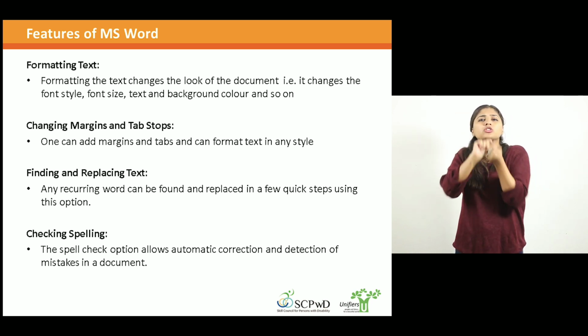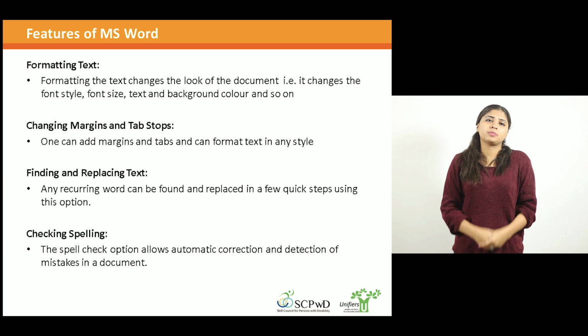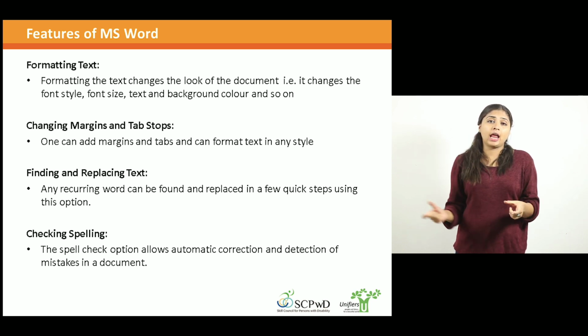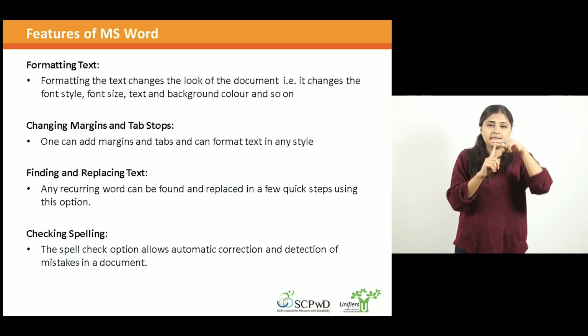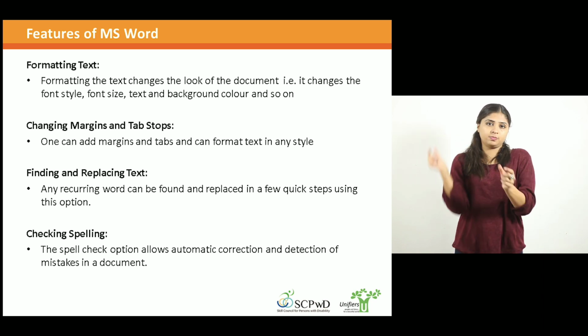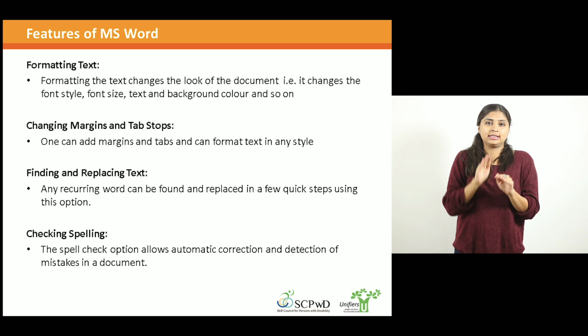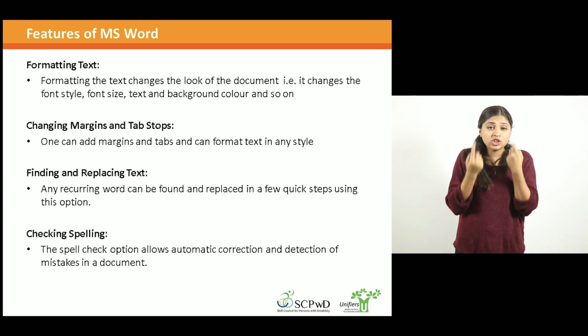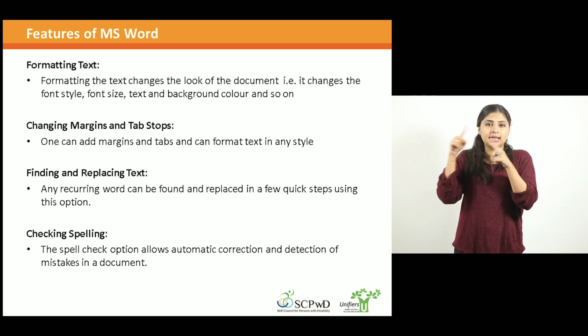Finding and replacing text. Any recurring word can be found and replaced in a few quick steps using this option. Checking spelling. The spell check option allows automatic correction and detection of mistakes in a document.